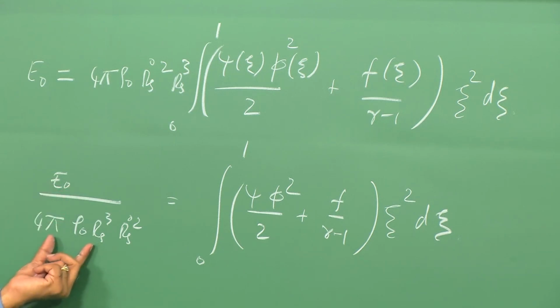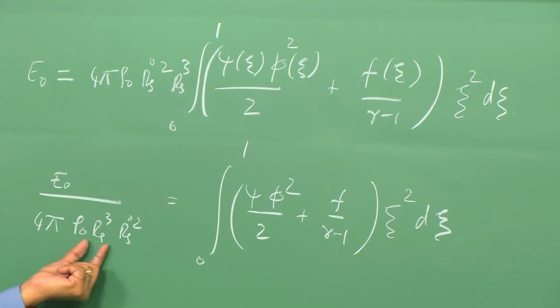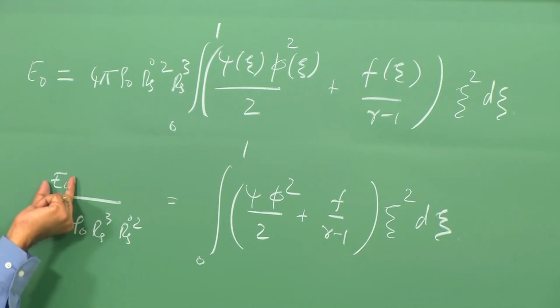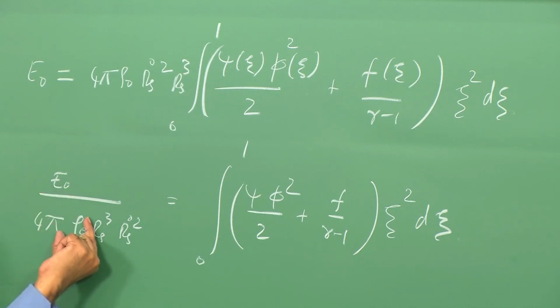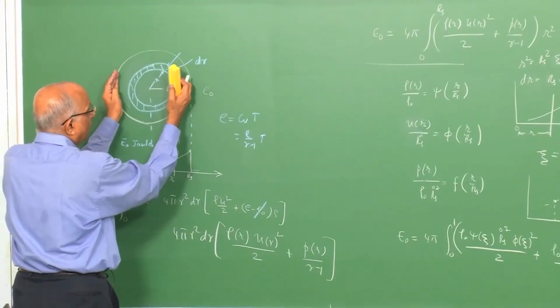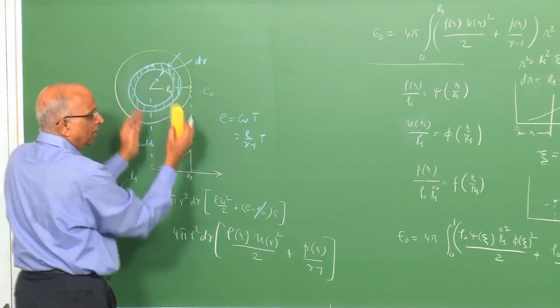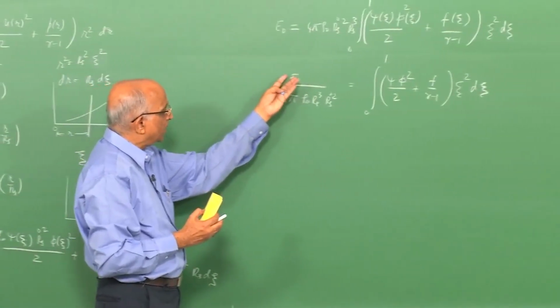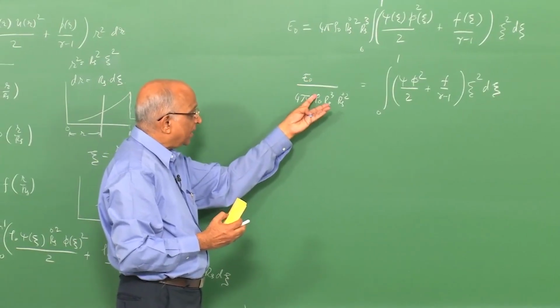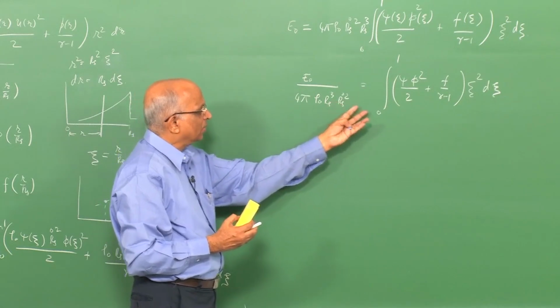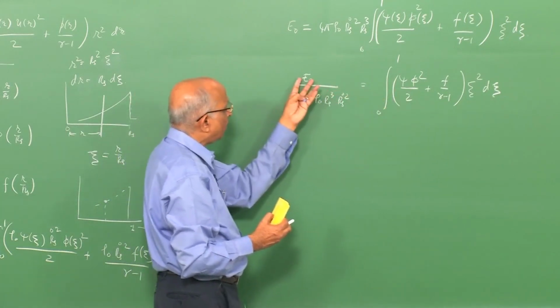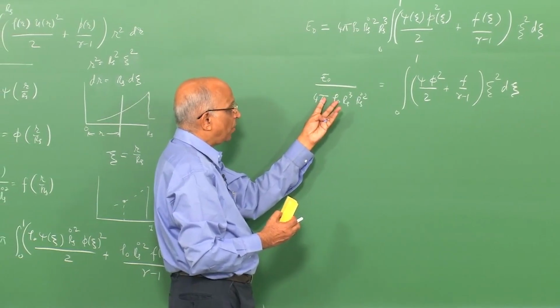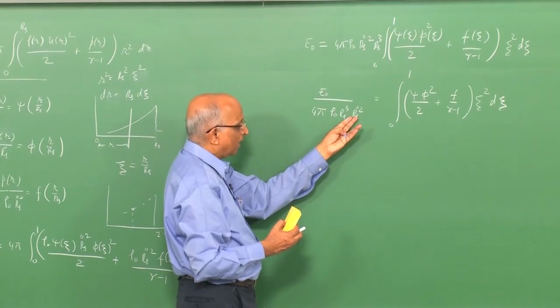This energy, if I look at the denominator, I have 4 pi r s cube, 4 upon 3 pi r s cubed is the volume, this is the mass, this is something like the kinetic energy term, and therefore, this expression is an indication of how much of the energy deposited gets into the kinetic energy of the medium, provided that the entire medium, let us go back to this, if the entire shock medium were to travel at r s dot squared, that is the net kinetic energy, then this expression tells us what part of the energy travels with the kinetic energy such that the velocity is r s dot square, and this is what this expression tells, and therefore, this integral denotes part of the energy which is getting converted into kinetic energy, provided all the particles are travelling at the blast wave speed, namely r s dot square.